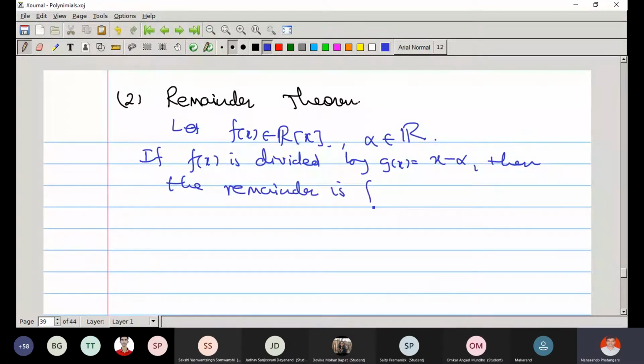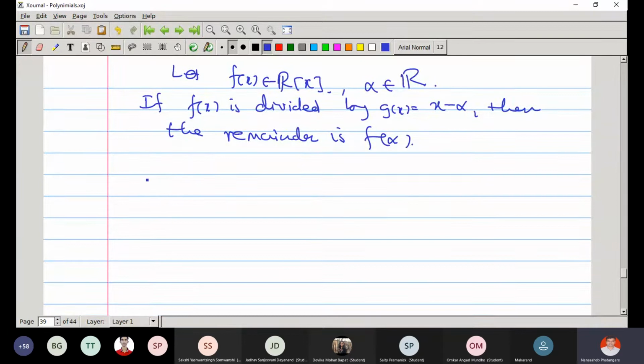Also, we saw the factor theorem. What is the factor theorem? Let f of x be a polynomial in R[x] and alpha a real number.